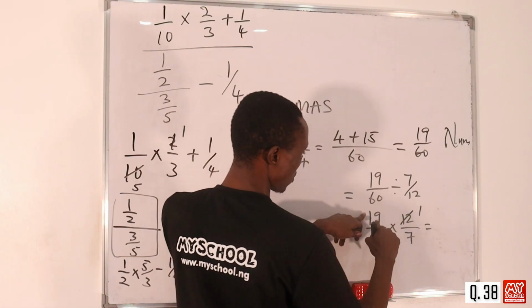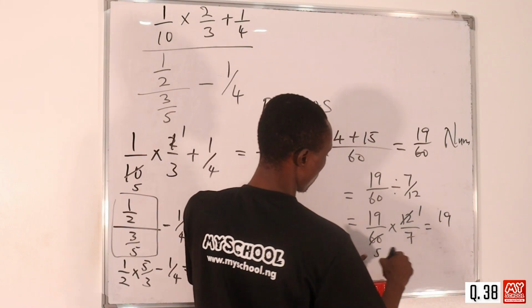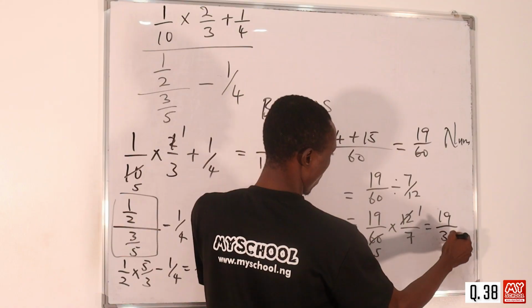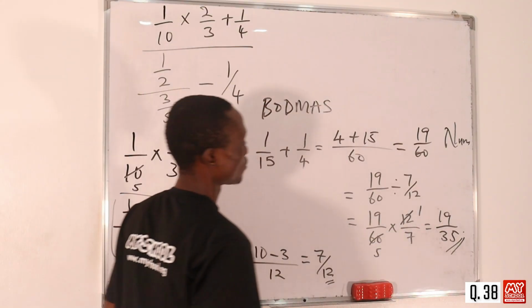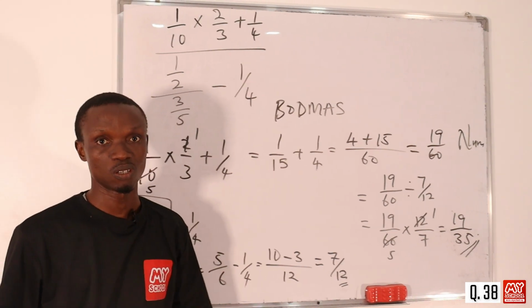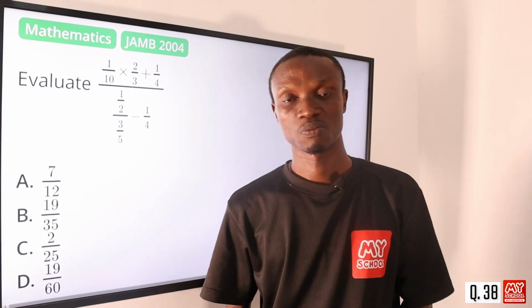So at the end of the day, for the numerator, we have 19 times 1, which is 19. And for the denominator, we have 5 times 7, which is 35. So this is the answer to this question, 19 over 35. So let's return back to the screen to pick the correct answer, and that is option B, 19 over 35.